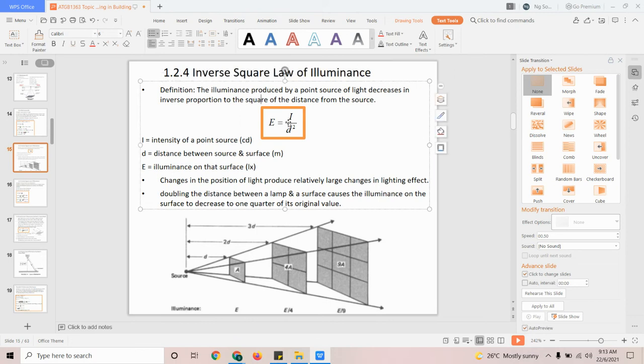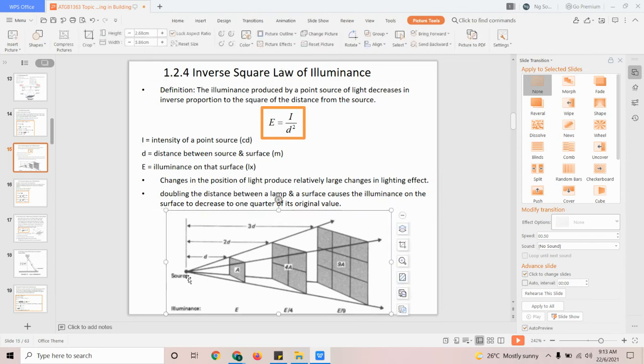Based on the inverse square law of illuminance, as the light travels further and further away to light up a surface, the illuminance actually decreases in proportion to the distance.